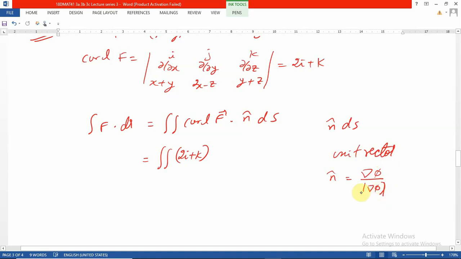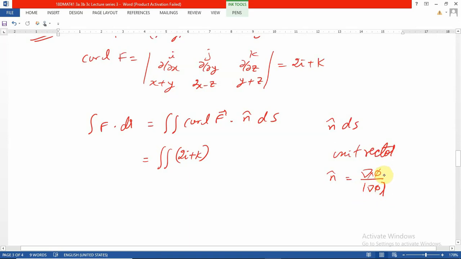So using this formula you can find the value very easily. Here del cross f, I'm going to take this as f1, f2, f3 only, divided by whatever the modulus is, we are going to calculate here, students.